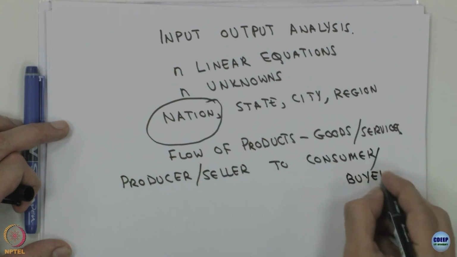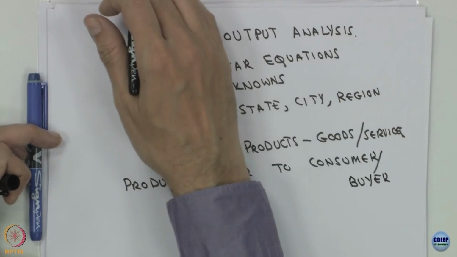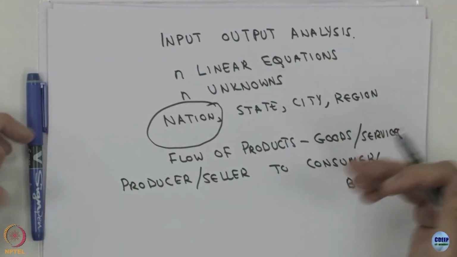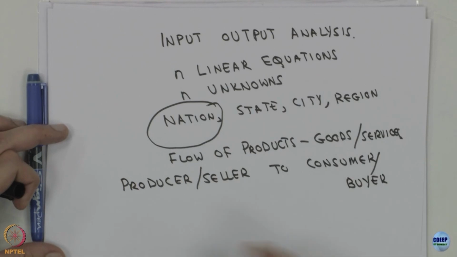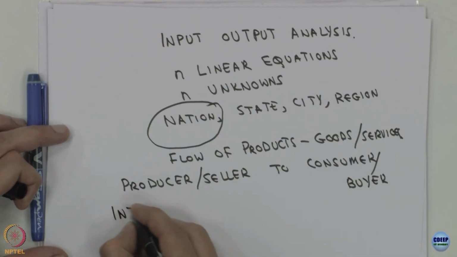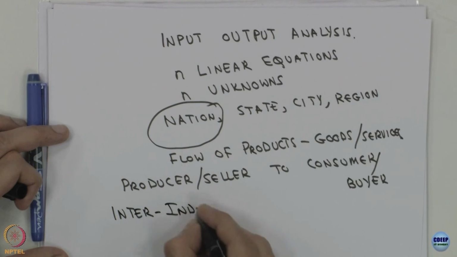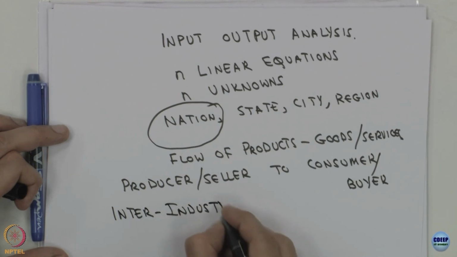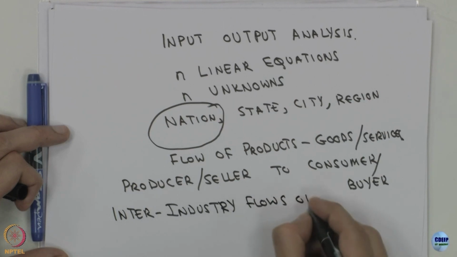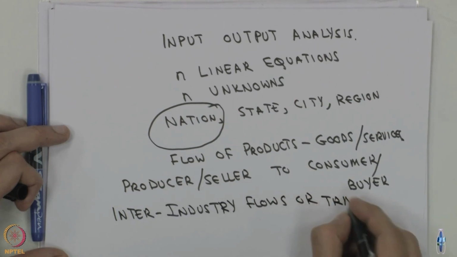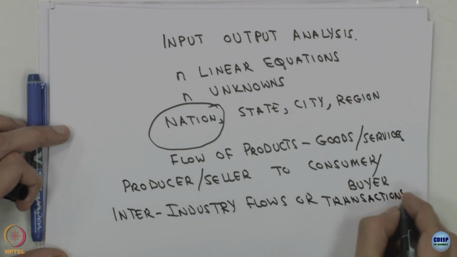And even at that time, when he did this paper in the 1940s and 50s, the economy was being tracked. So what we have to do is take the inter-sectoral or inter-industry flows or transactions which are actually observed, and this is observed for a period.